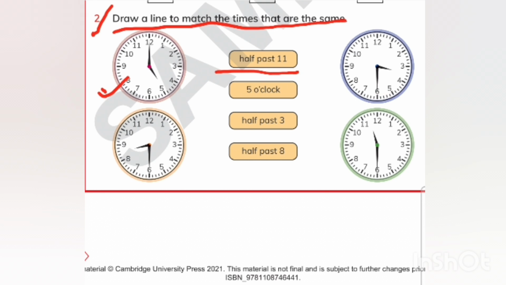It is an analog clock. If we want to write this in a digital clock, if I am writing this first one, the small needle is on 5 and the big needle is on 12. What does it mean? 5 o'clock. So this is called a digital clock.